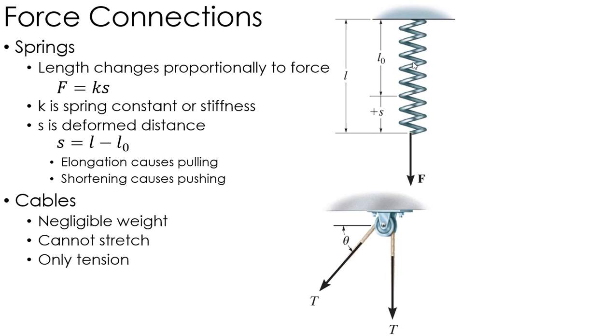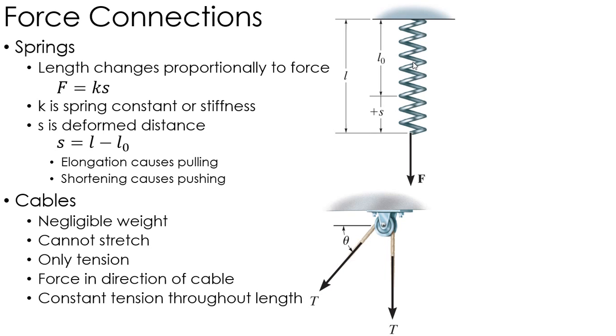Cables can only handle tension. If you don't believe me, try to compress some string and it'll just fall down, limp. So I always know that if it's a cable, it's in tension, so it's basically pulling. We've talked about this many times before. The force is obviously in the direction of the cable, so we can know the direction of that force. And the other thing is that the tension, the force, is constant throughout the cable.